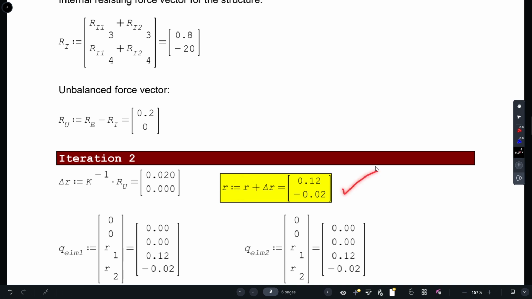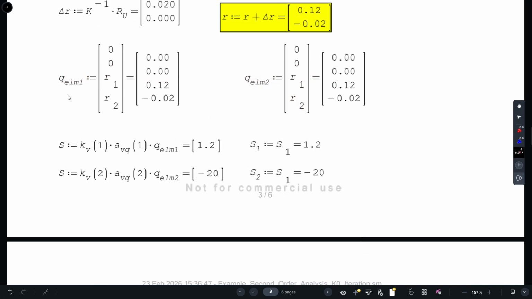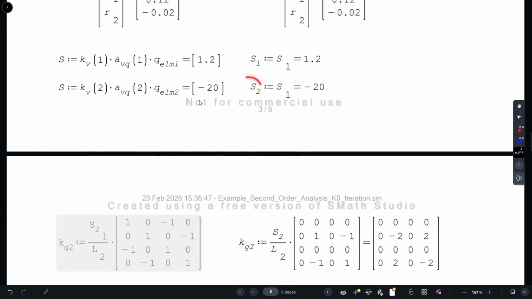So this is the new displacement, and then again I calculate Q for element 1 and element 2 by extracting the displacement from the R vector, and then calculate the force in the basic coordinates, or deformation coordinates, S1 and S2 for the two elements, right.